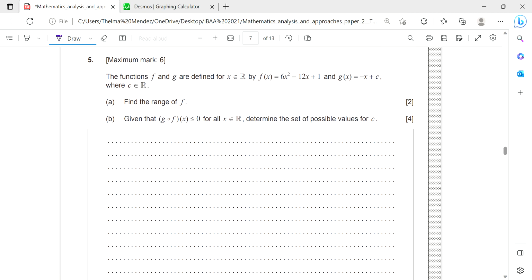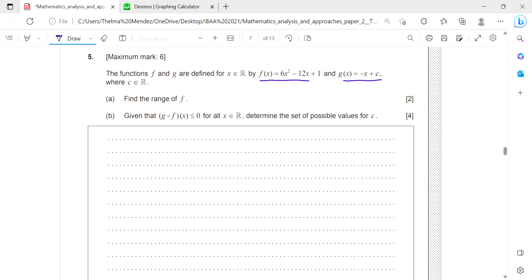Okay, so problem number 5. The functions f and g are defined for x element of R by this and this one, where c is an element of R. Find the range of f. So how are we going to find the range of the y values of f?